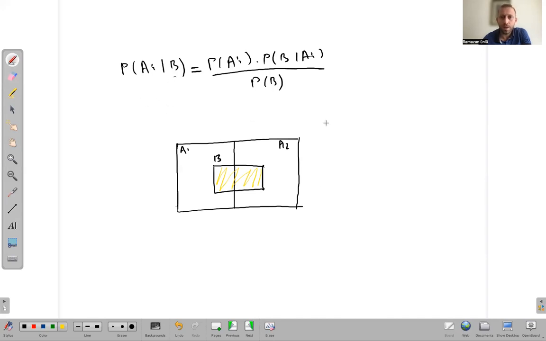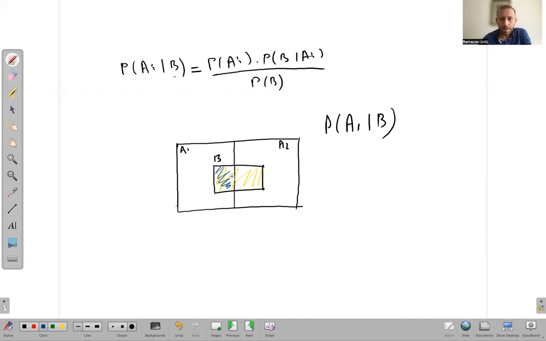So I will calculate the probability of A1 given B. In this case, I will look for this part, because this part belongs to A1 and also B, and B is given to me as this piece of information.